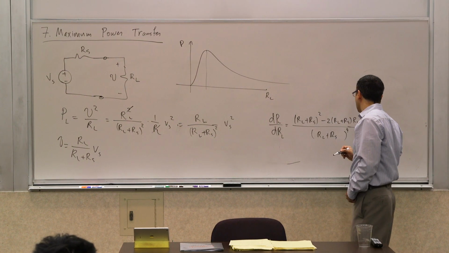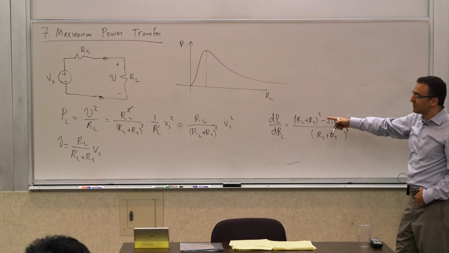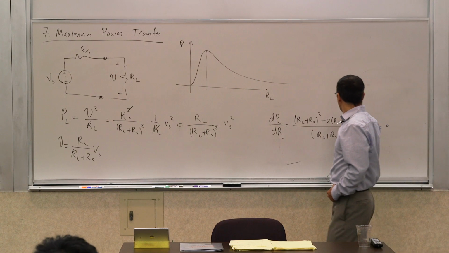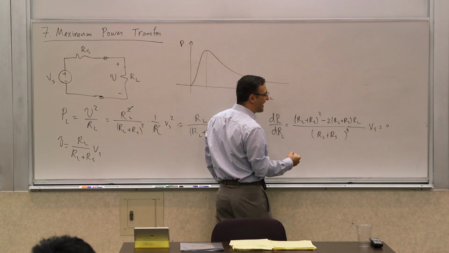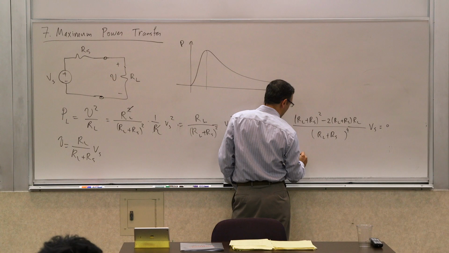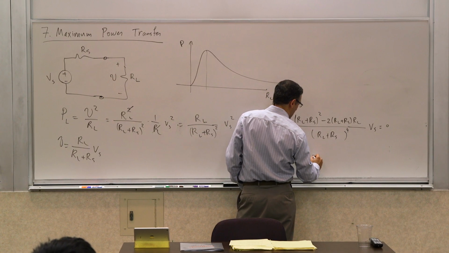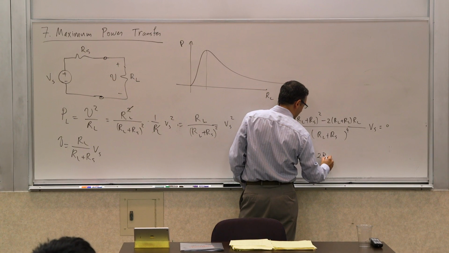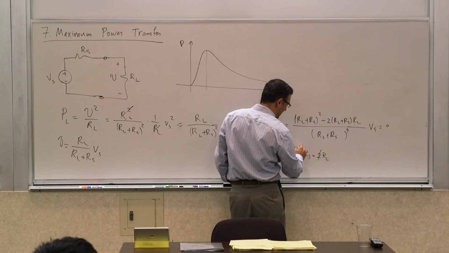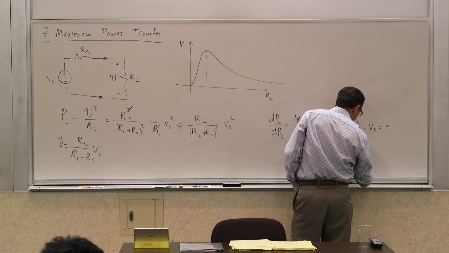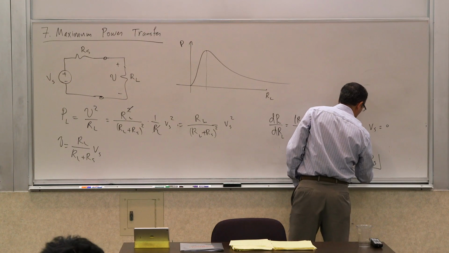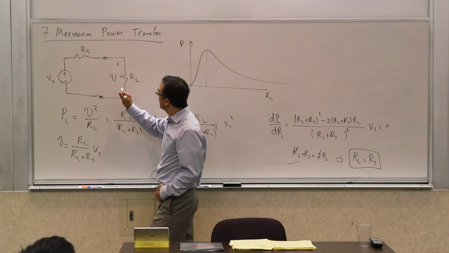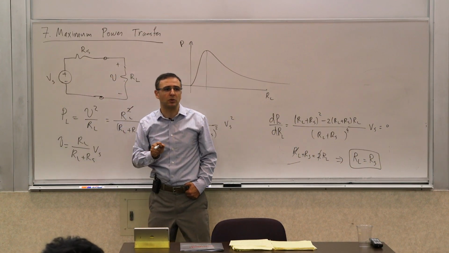Times Vs squared, which doesn't matter. So I'm setting this to 0. That means that the numerator has to be 0. One of the RL plus RS's cancel each other. So I'm left with RL plus RS equals 2 RL. Therefore, RL must be equal to RS. So you get the maximum power transferred when this resistor and that resistor are equal.